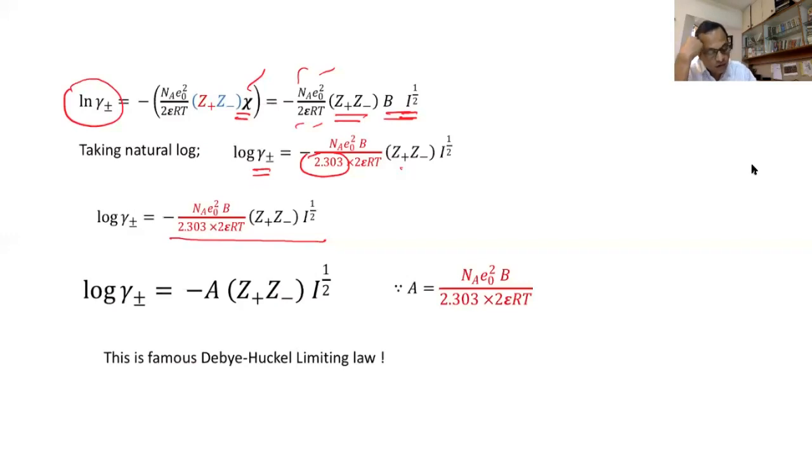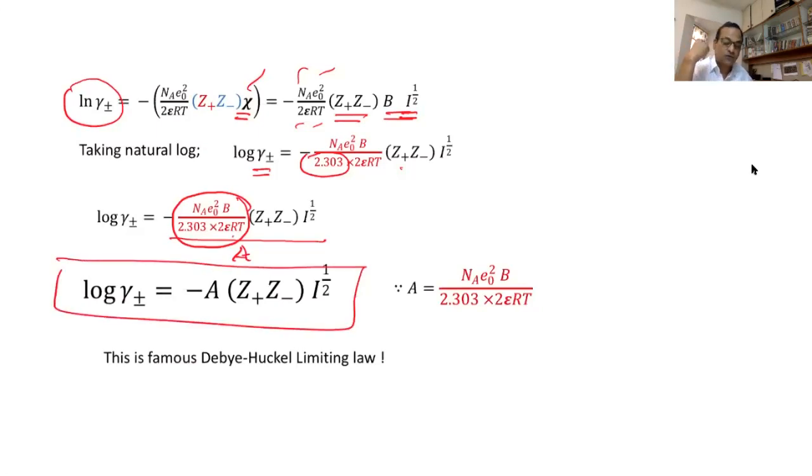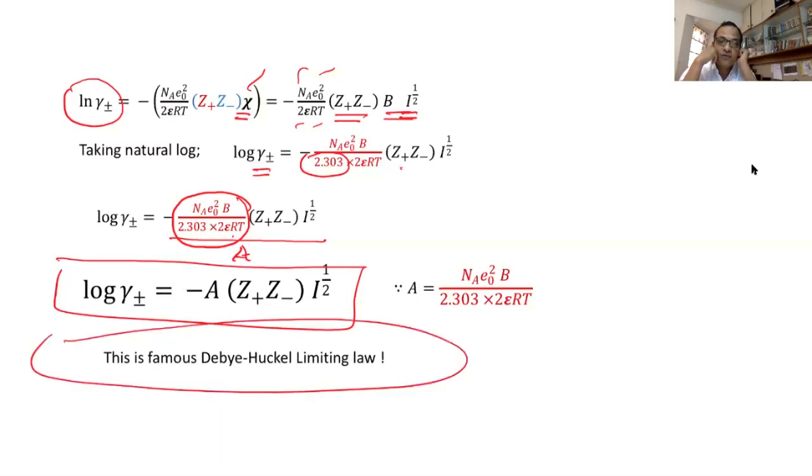Now I can call this quantity A. And if I call this quantity A, what I get is log gamma plus or minus is equal to minus A z plus z minus into I raised to half, which is the famous Debye-Huckel limiting law.